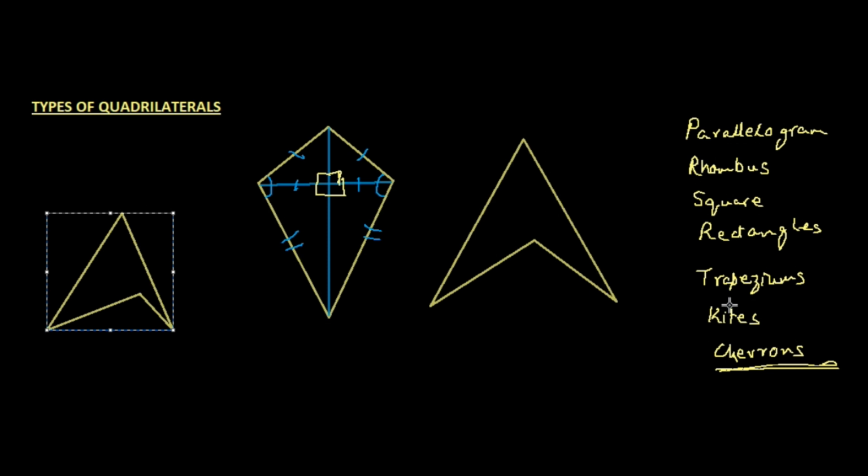This is a chevron, so they don't have to be symmetrical. So any four-sided figure, but concave in nature. Concave, like I earlier told you, means that one of the internal angles should be more than 180 degrees. So any kind of concave quadrilateral is called a chevron. And there are no properties of a chevron that we need to talk about.